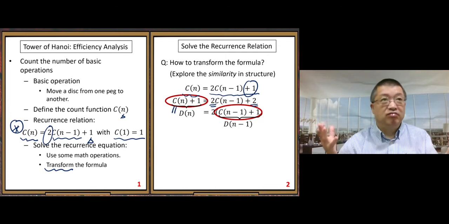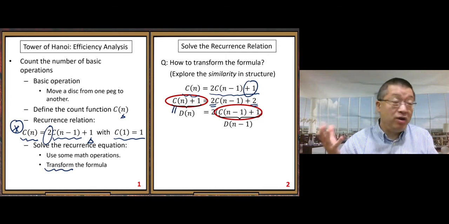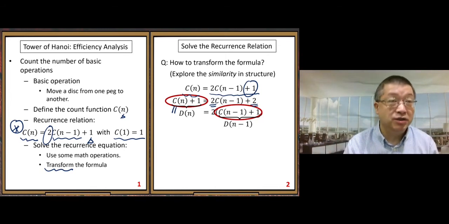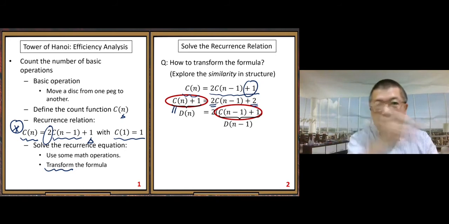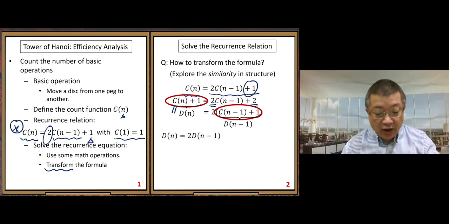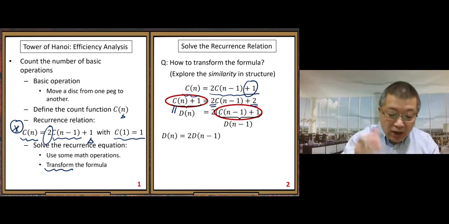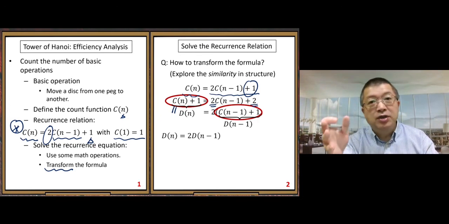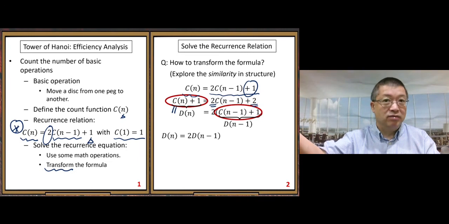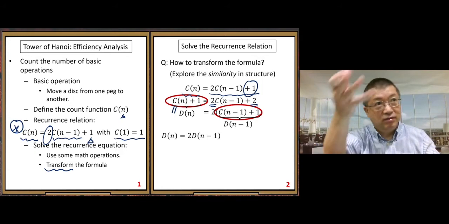Otherwise, we cannot use one function to represent both expressions. So after that simplification, we have a new recurrence relation: D of n equals 2 times D of n minus 1. Do you think it's simpler than our original C recurrence relation? Much simpler.